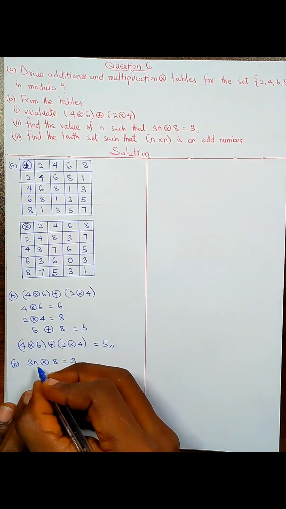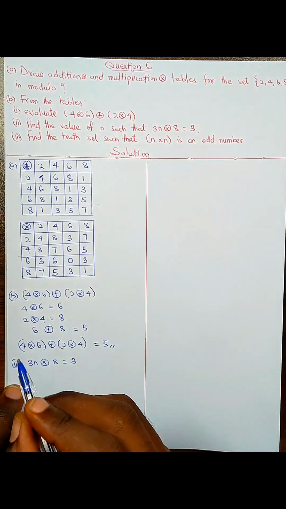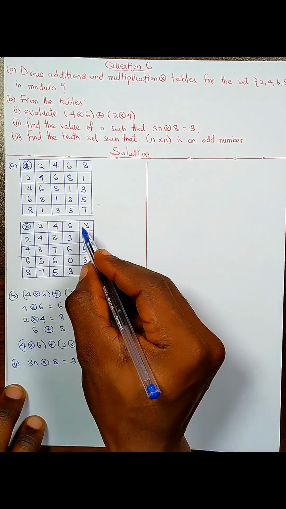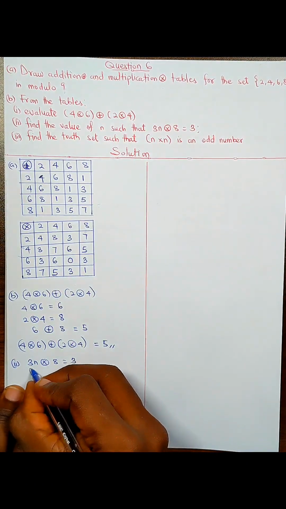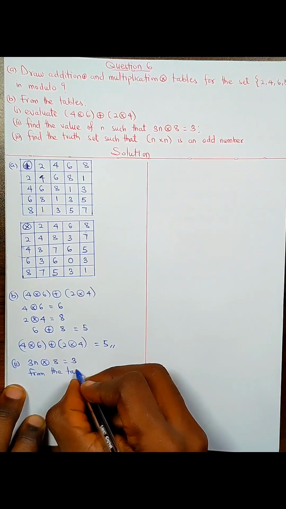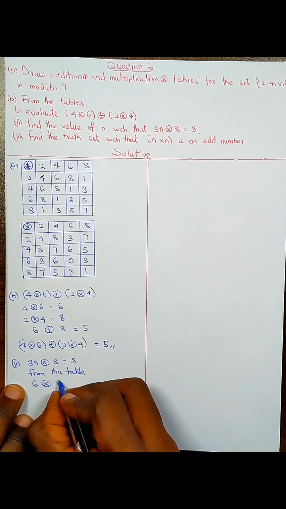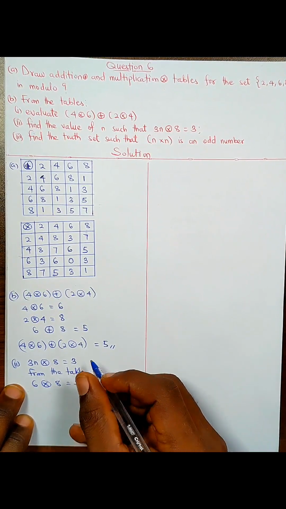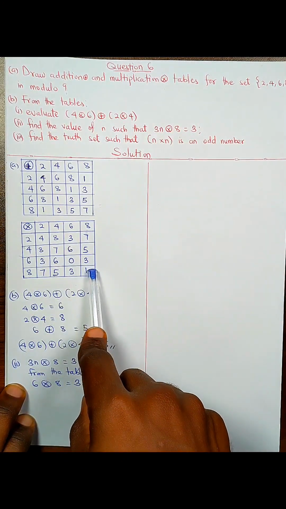So it means that 3n is standing in for 6, because 6 multiplying the 8 gives us a 3. So we can say from the table, 6 multiplying 8 is equal to what? 3. Is there any other number multiplying 8 giving us a 3?